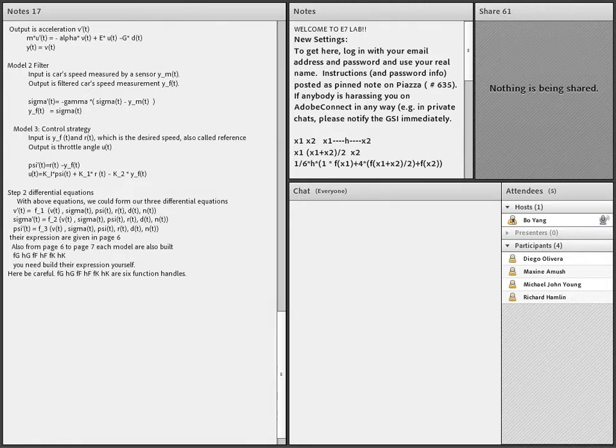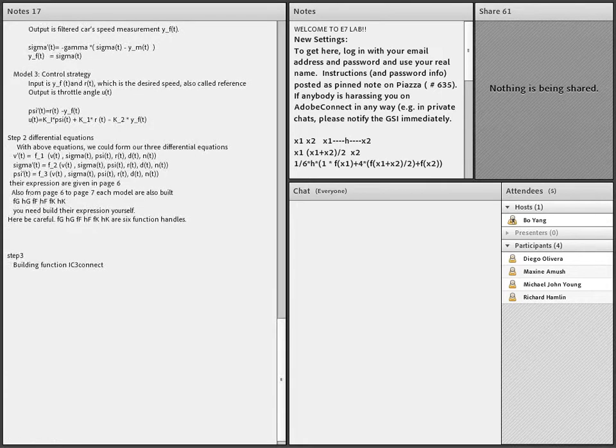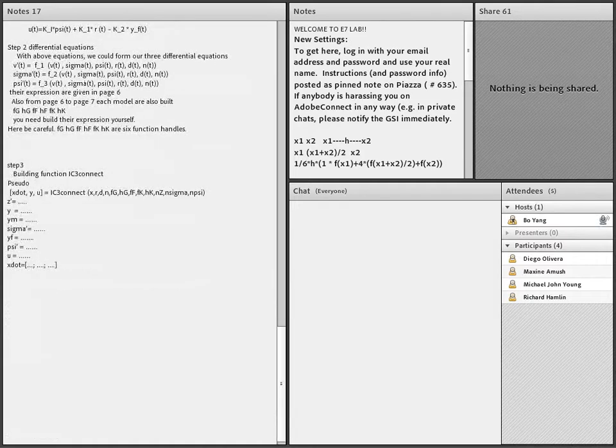After you have the model built, you can try to build a function to solve the model. So in step 3, we are going to build the function IC3 connect. I will give the pseudo code here.